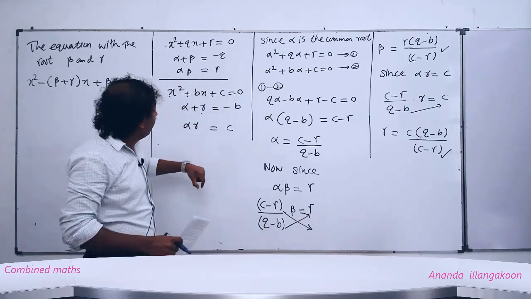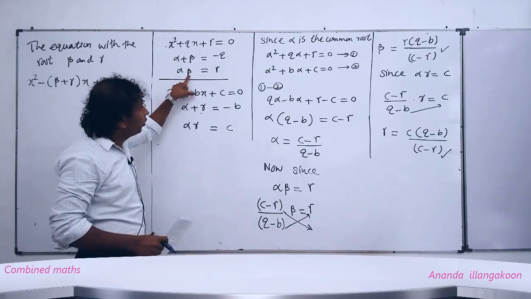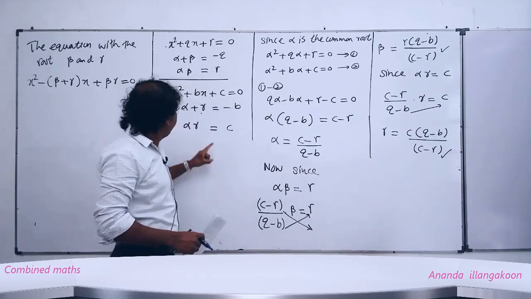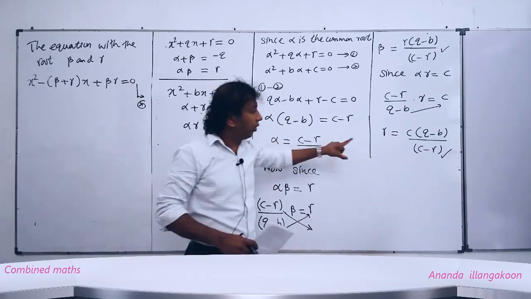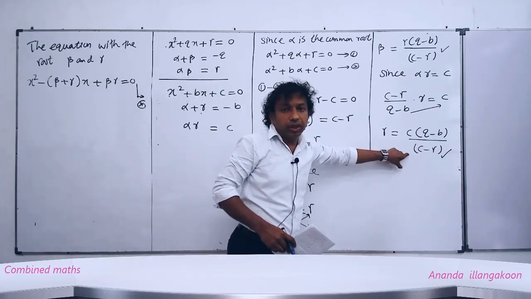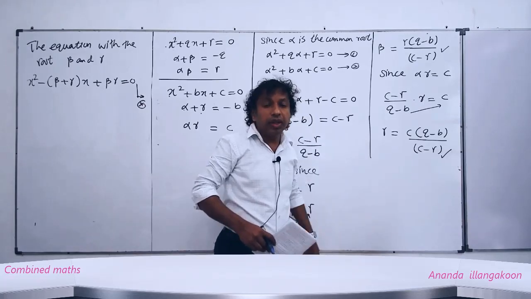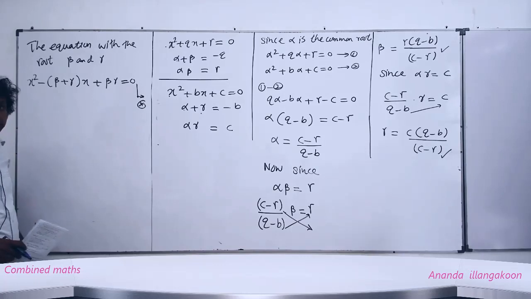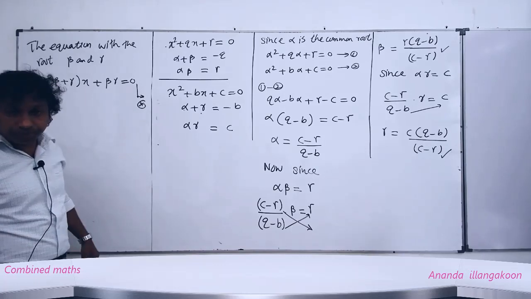Putting that alpha here we found this beta, and putting that alpha here we found this gamma. Then we know both beta and gamma. Now we can write the equation with the roots beta and gamma.